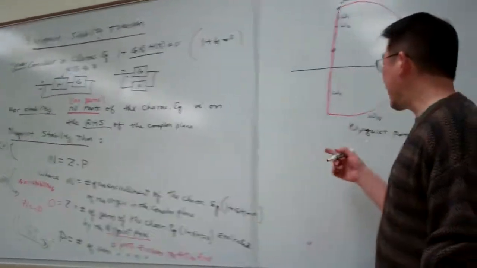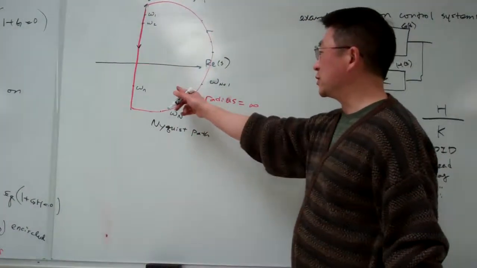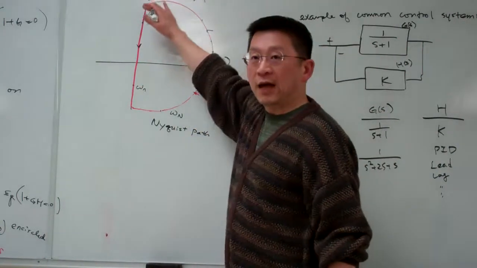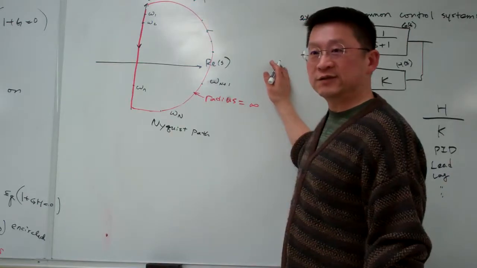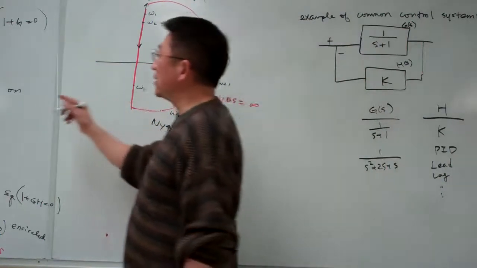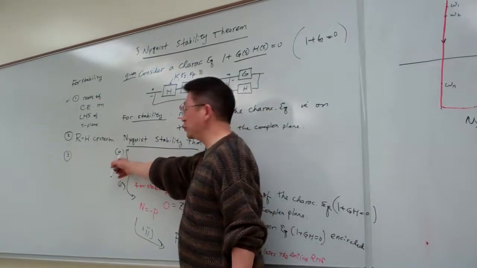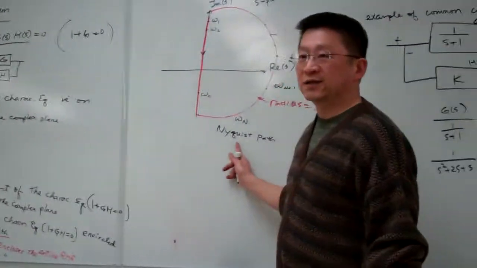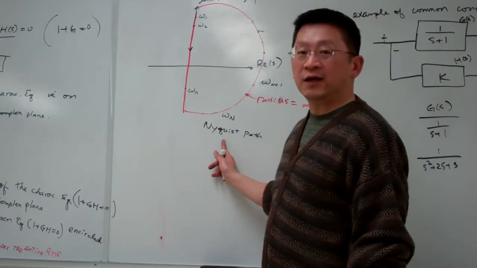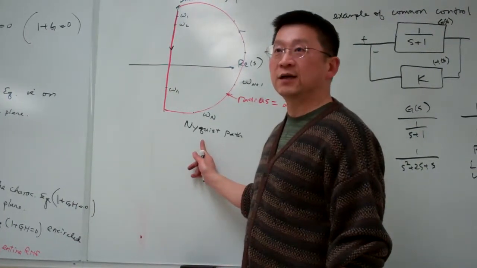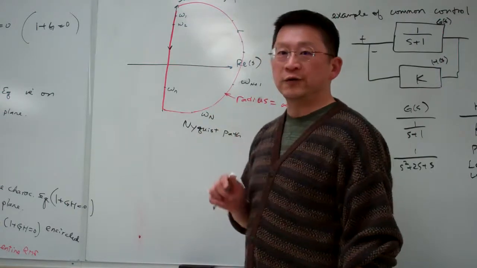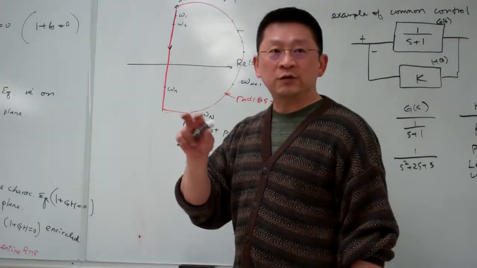So the Nyquist path should cover the entire region of interest. In the upper level, for the generalized theory, the Nyquist path can be anything you pick. In the original complex analysis, it is your choice. You simply pick a region of interest.